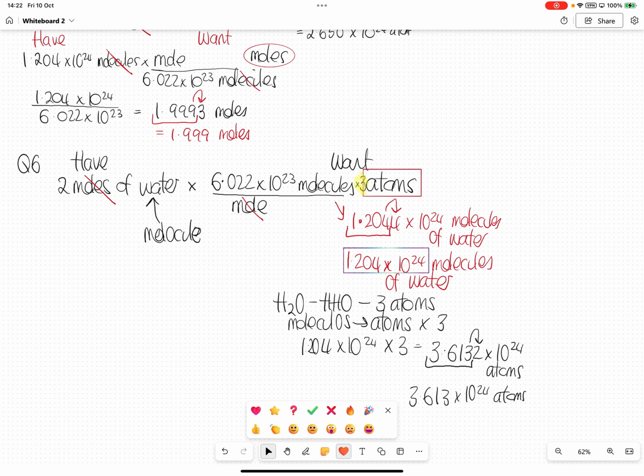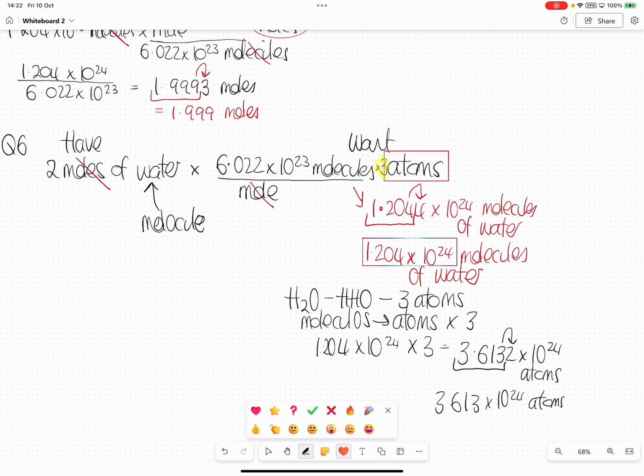So that is a question I call it that has a kick. The layout is really important because you need to recognize that in this instance, the final answer needed to be in atoms. And if you didn't write in what your units are here, then maybe you wouldn't recognize that.